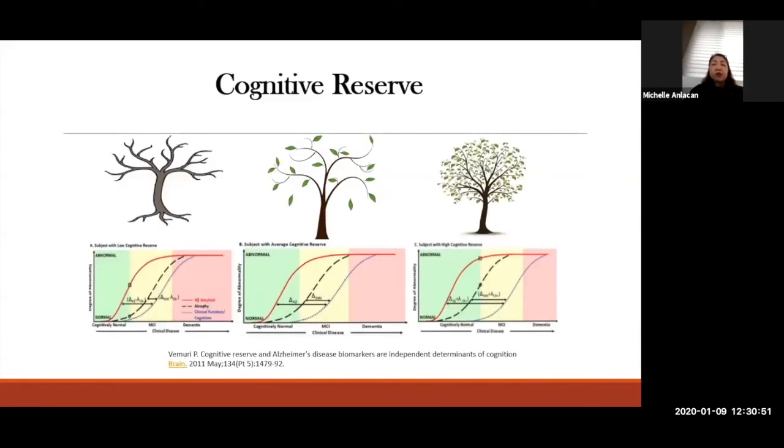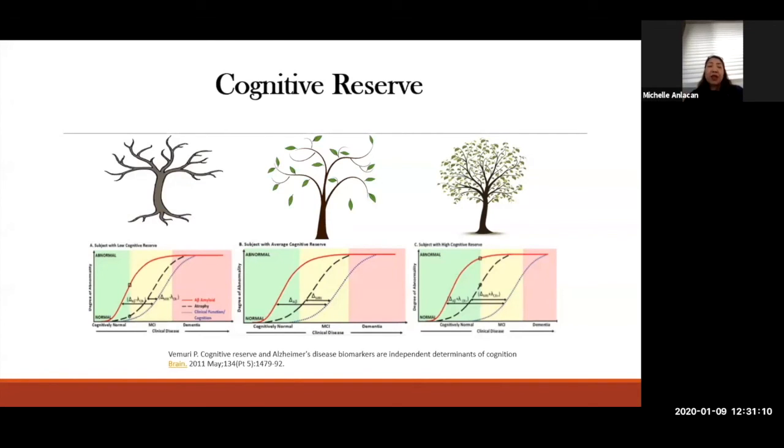So I think we could focus more on the patients who are still asymptomatic or only those who are mildly impaired. We can ask them to build up their cognitive reserve. Tall words, no, cognitive reserve. Liken your brain and your neuronal synapses to a tree.